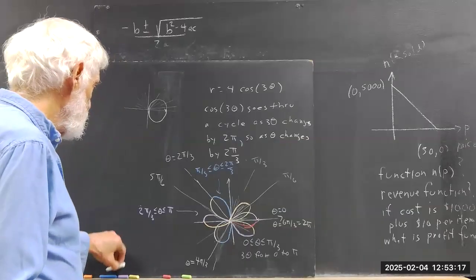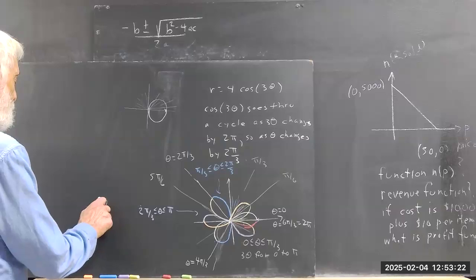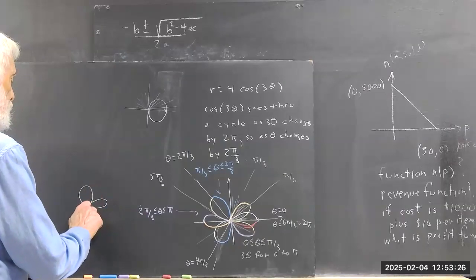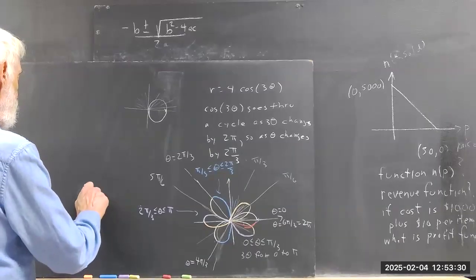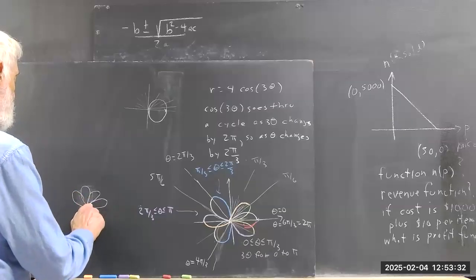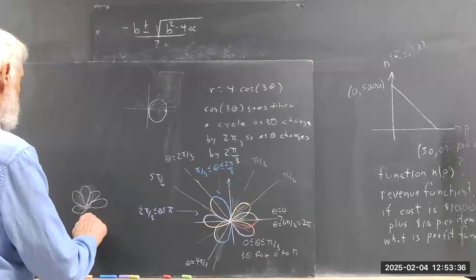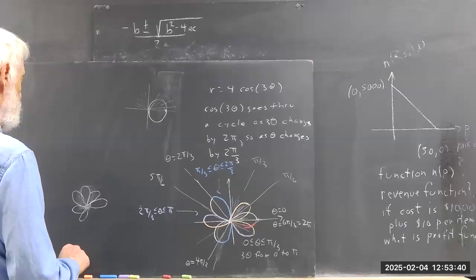But you get a rose, and it kind of looks like this. Yes, it's drawn accurately. Actually, that's really neat. I've got too many of them.